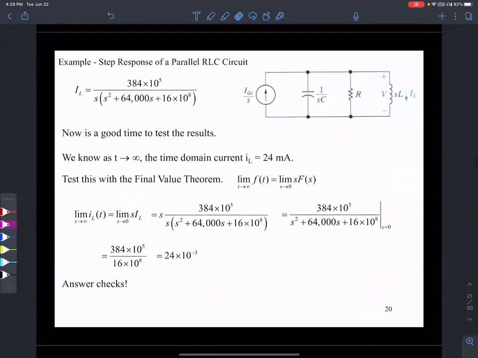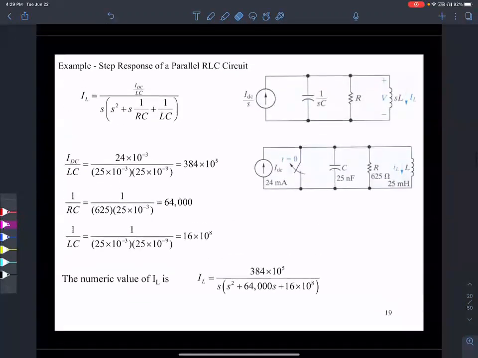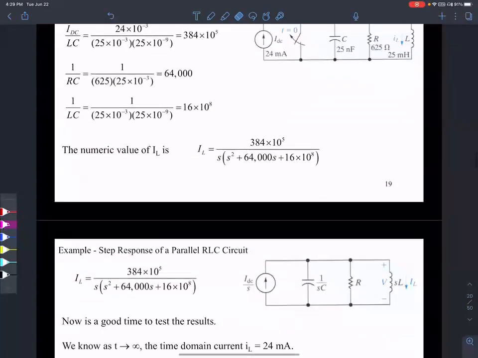So that's the idea of applying Laplace transform, S domain, or solving your circuit analysis problems in the S domain.